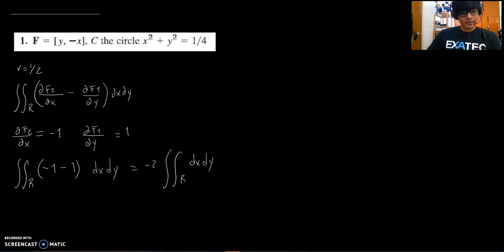However, from the previous part of the videos, we know that this integral is equal to the area of the closed bounded region, and that the area can also be equal to 1/2 of the closed line integral of x dy minus y dx.